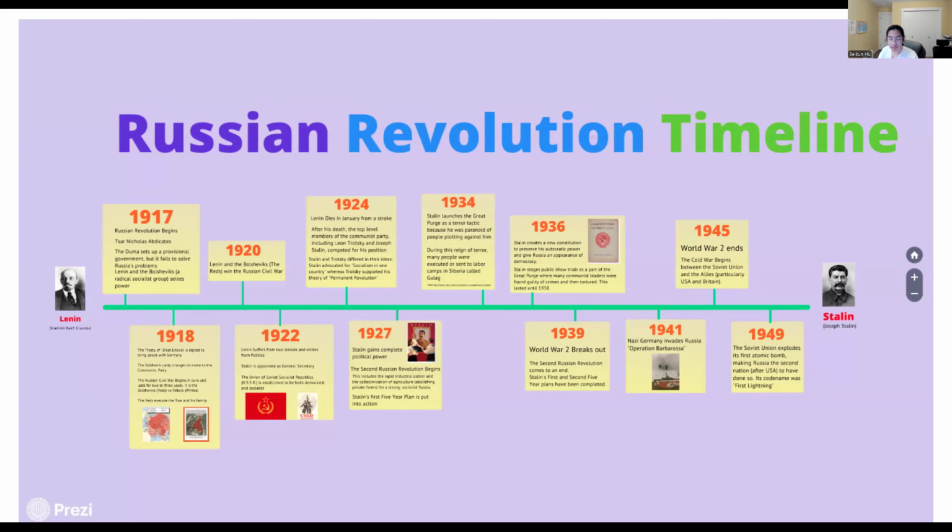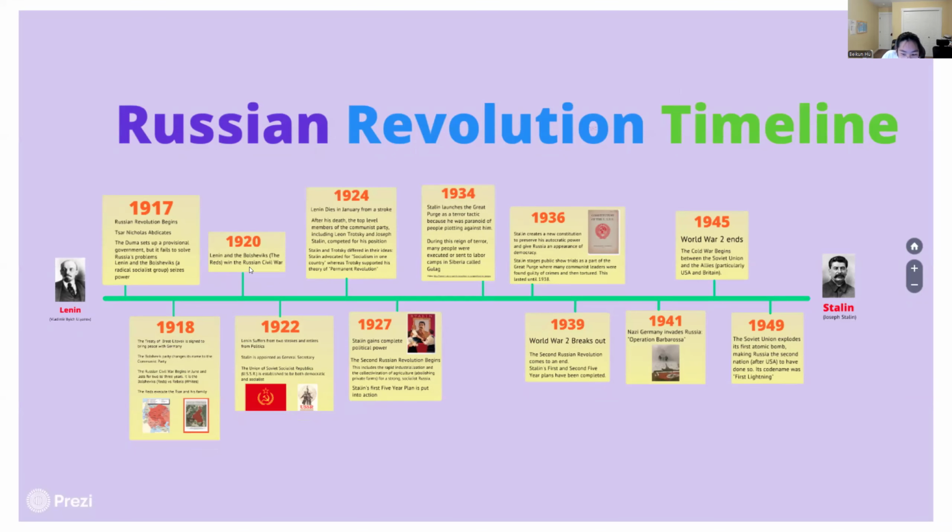The Tsar falls, and the Bolsheviks, led by Vladimir Lenin, win the Russian Civil War in 1920, and then Lenin later dies. Then Stalin takes over, and the Second World War was 1939. So in between this time, it's relatively okay, I guess.